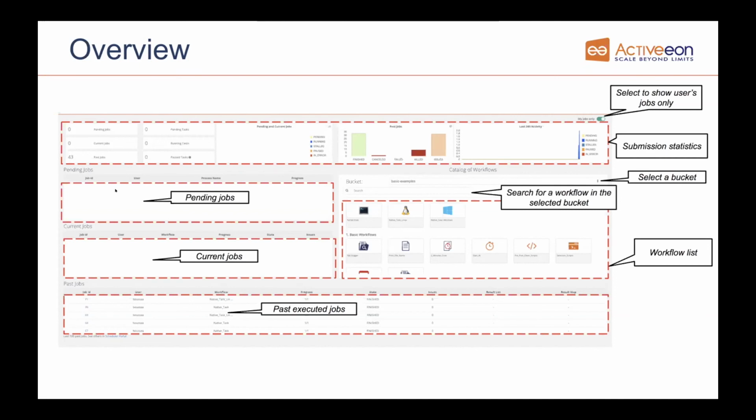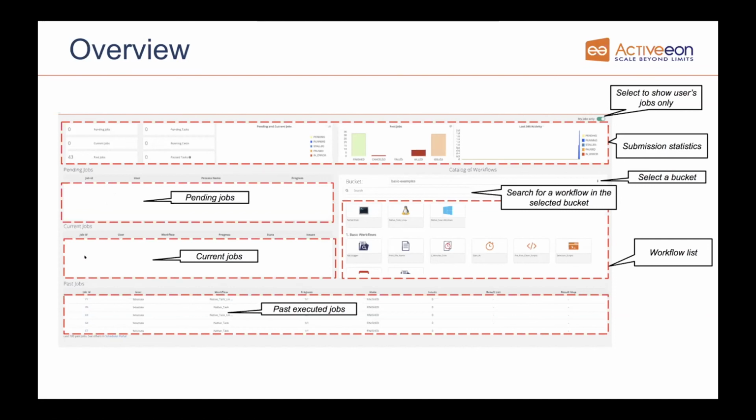In the middle, we have three, let's say, tables. The first table lists the pending jobs, so jobs which are in the queue of the scheduler waiting to be scheduled and executed on the compute resources. So we can see here if we have a list of waiting jobs.